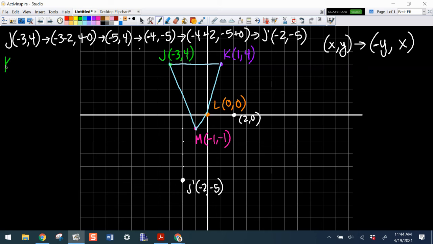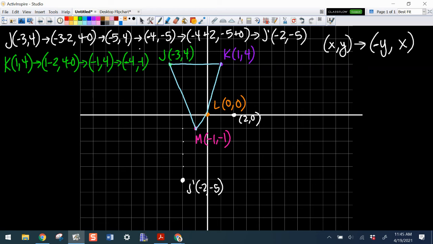So let's go and continue the process with K being located at 1, 4. So we're going to subtract our center, 1 take away 2, and 4 take away 0. 1 take away 2 is -1, 4 take away 0 is 4. We're going to use the function that tells us to swap our x and y, and then change the first sign.